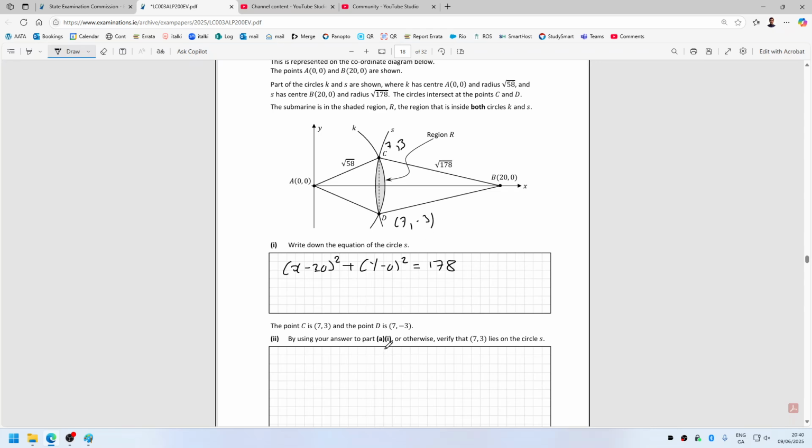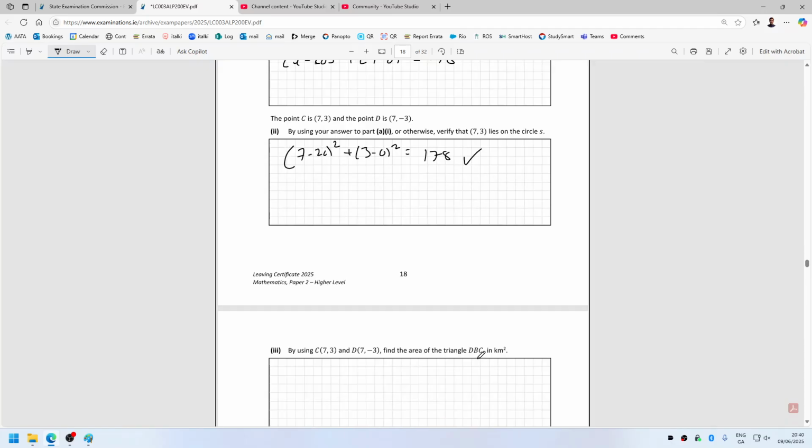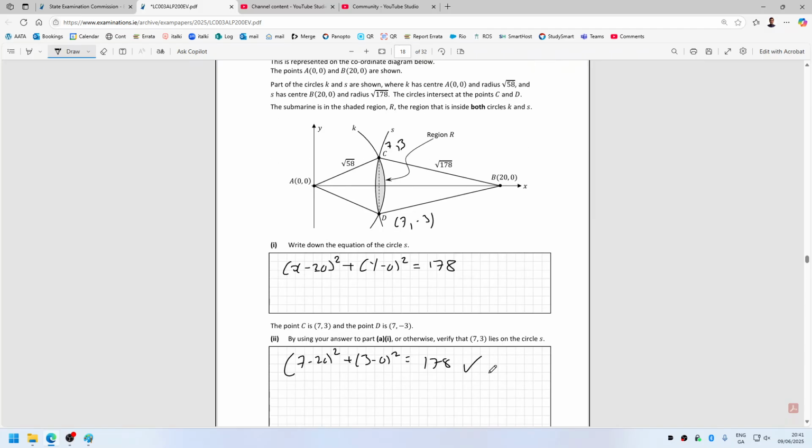Using your answer from part A or otherwise, verify that 7, 3 lies on the circle S, the one on the right. 7 minus 20 squared plus 3 minus 0 squared equals 7 minus 20 squared plus 9 is 178. Job done. By using that, find the area of the triangle DBC.